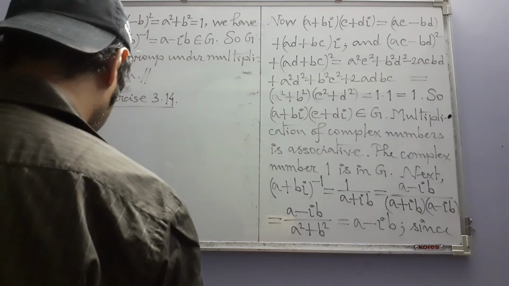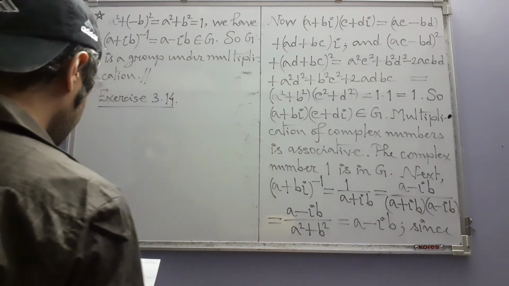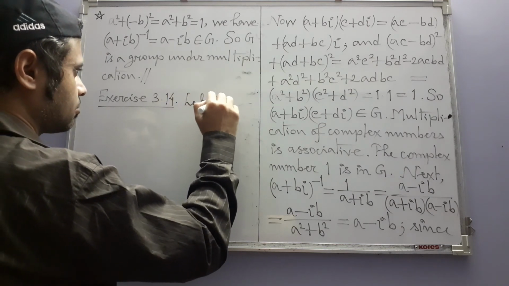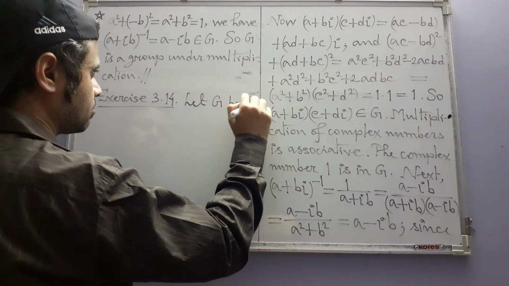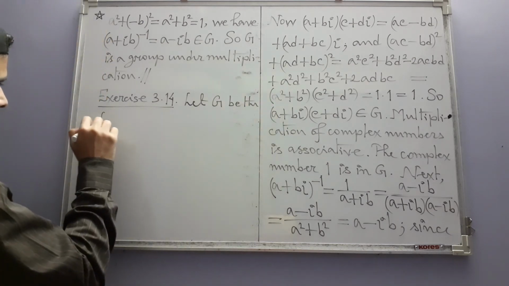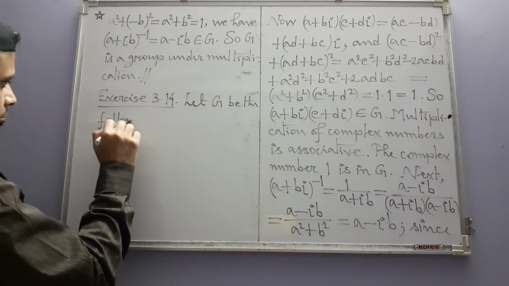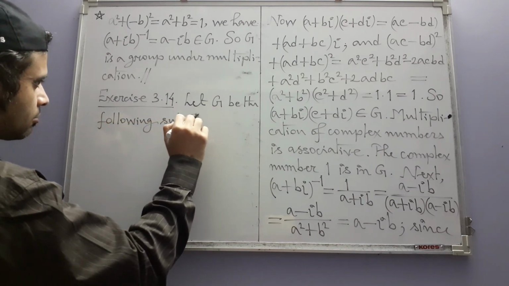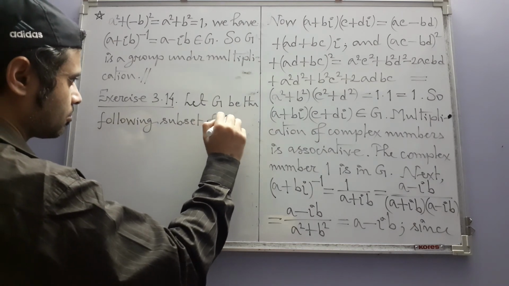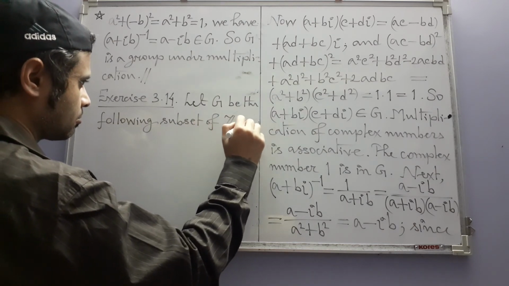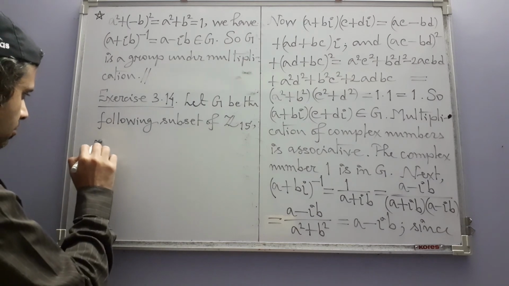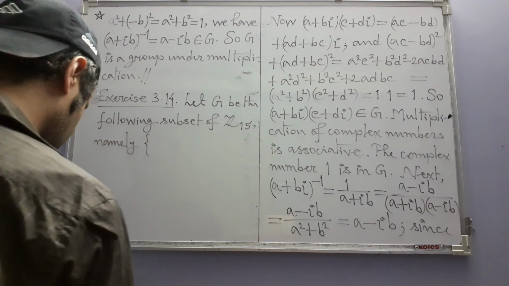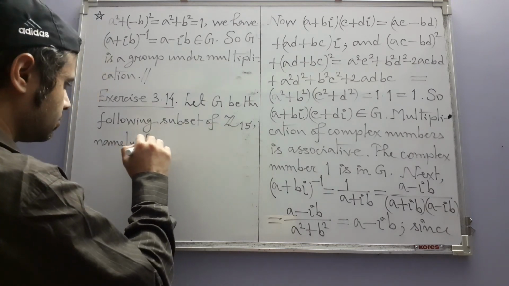314. Let G be the following subset of C15, namely 3, 6, 9, 12.